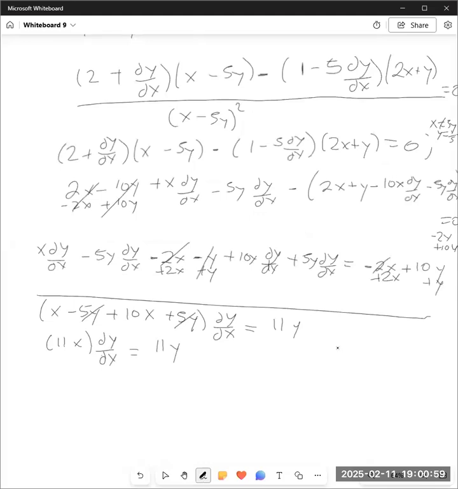And dy/dx is equal to 11y over 11x. The 11s will cancel. dy/dx is y over x. This is number 9.